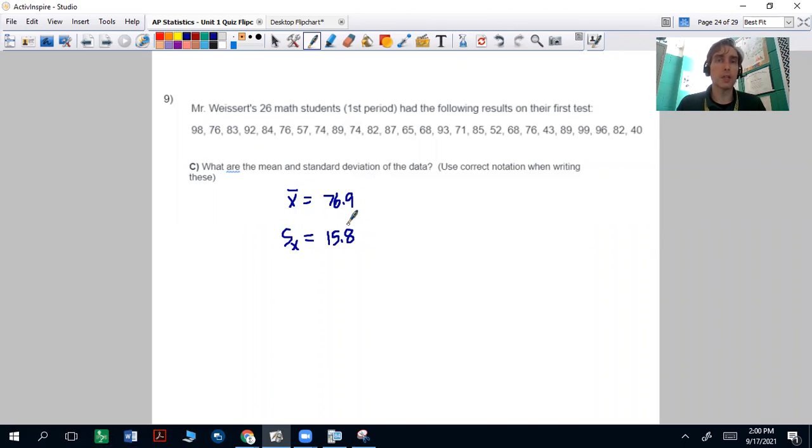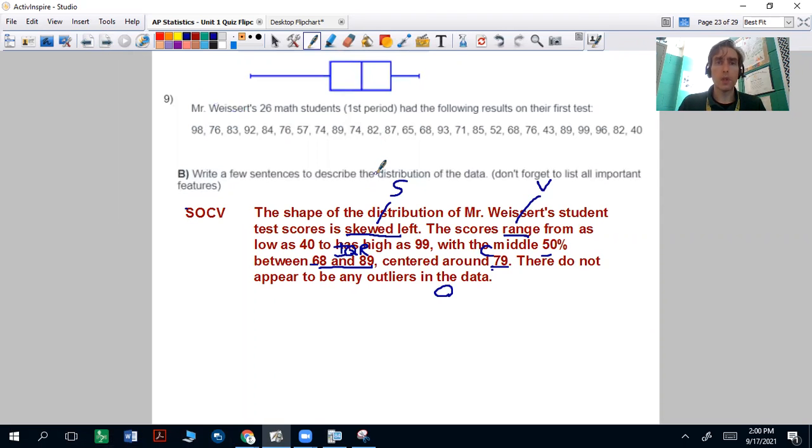And, you know, we can include context, you know, percent. Oh, I'm going to go back to this one real quick here. Always include context. Notice that I said the shape of the distribution of Mr. Weissert's student test scores. I didn't just say the shape is skewed left. The numbers are from 40 to 99.